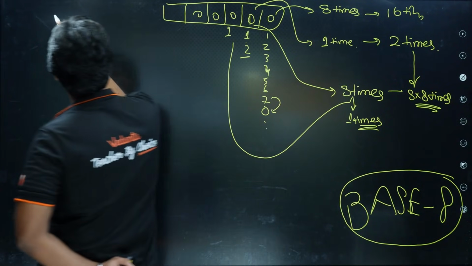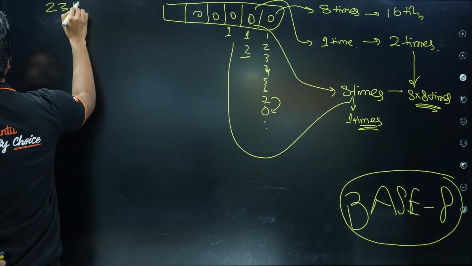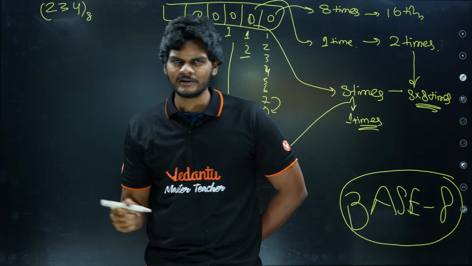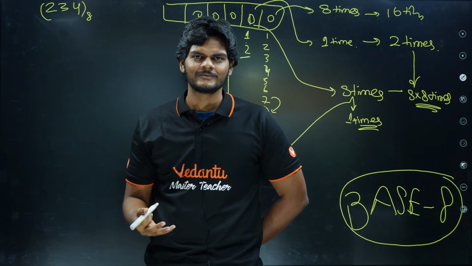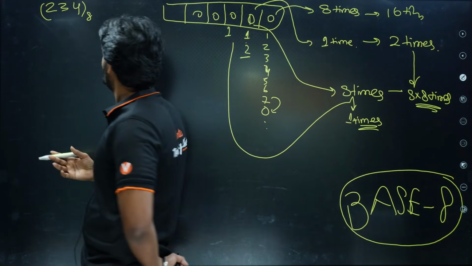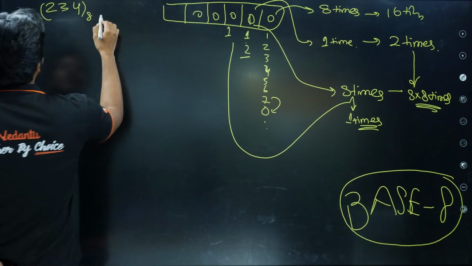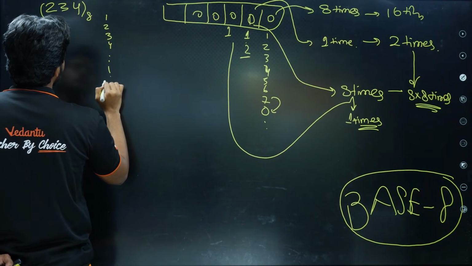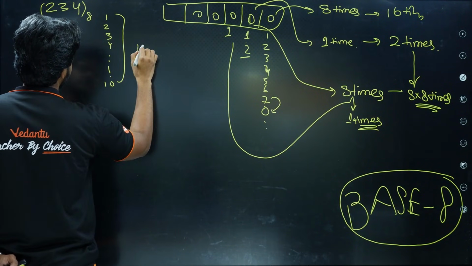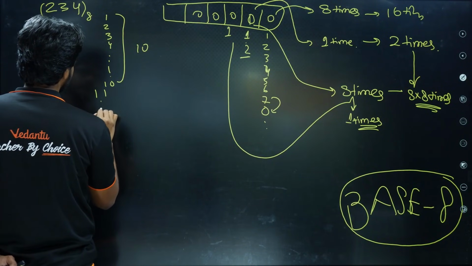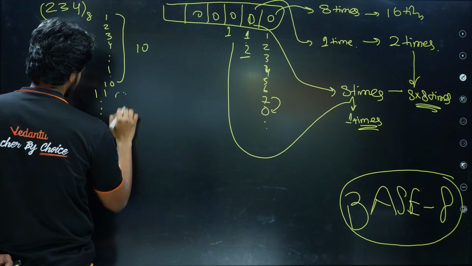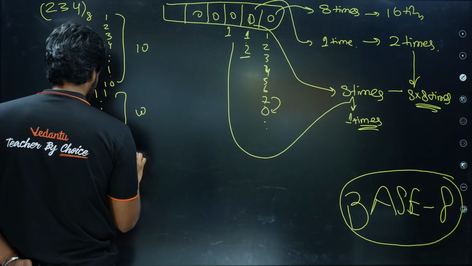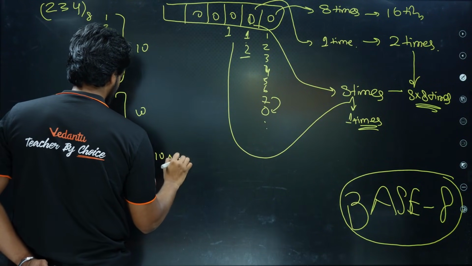So now again let us see what is 234 base 8. When we have only 8 characters, what does this number exactly represent? So again we have 1, 2, 3, 4 till 10. That's 10 characters, and 11 till 20, that's 10. Like that we go till 100. So we have 10 into 10, 100 characters.